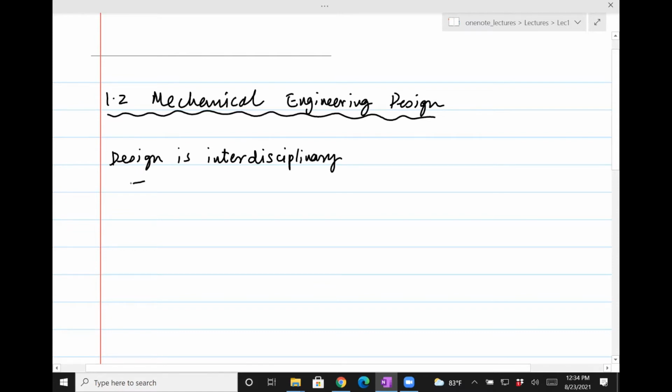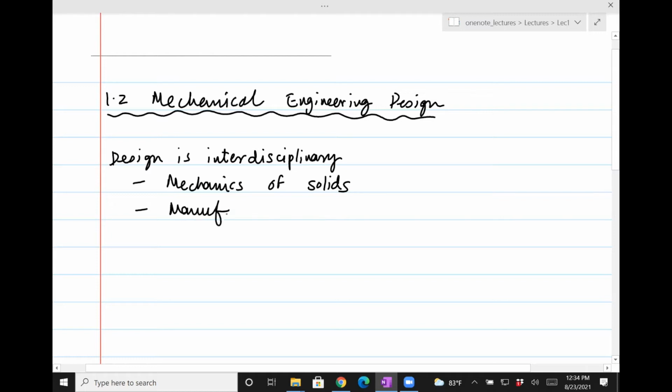And then we'll see that we will utilize some things we learned in previous courses, like mechanics of solids. This is a prereq for this course.